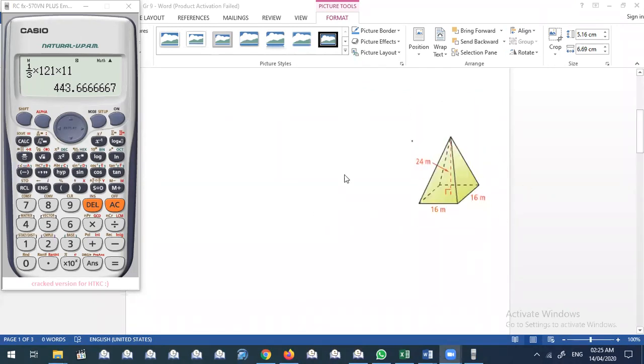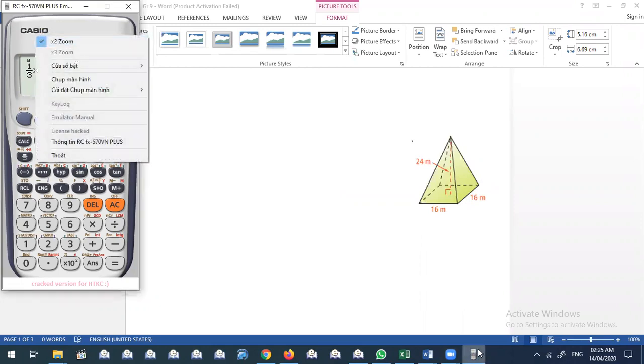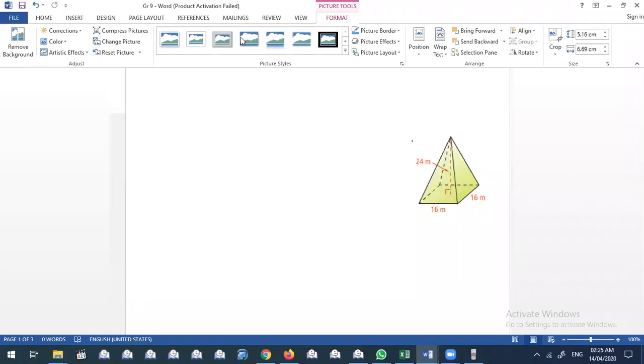Another exercise about this rule. Here we have a pyramid, and its base is also square because this side is 16 and this side is 16. First, we need to find, as usual, the base area. Side by side.